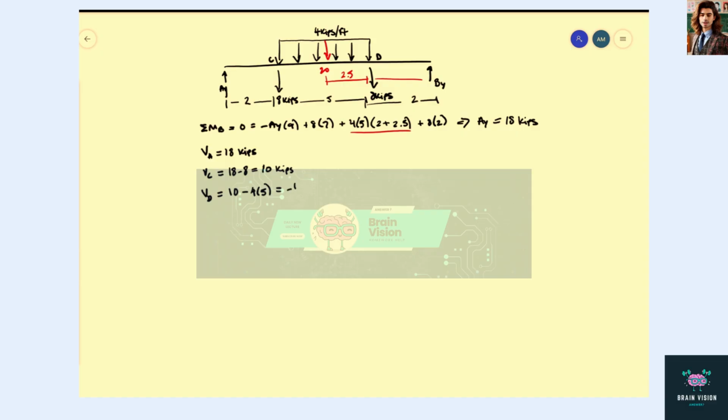That equals negative 10. And also at point D, we have negative 10 minus 8, and that's negative 18 kips. And then from point D to point B, our shear force is constant.